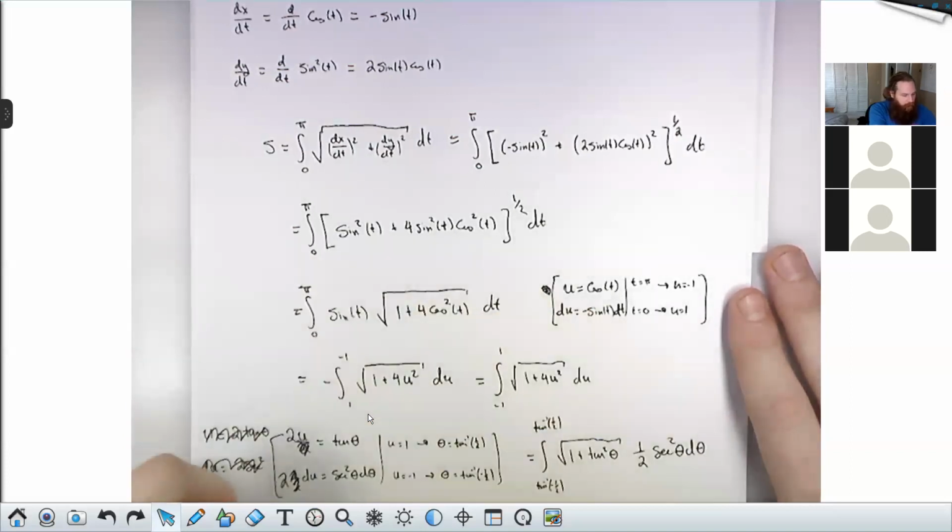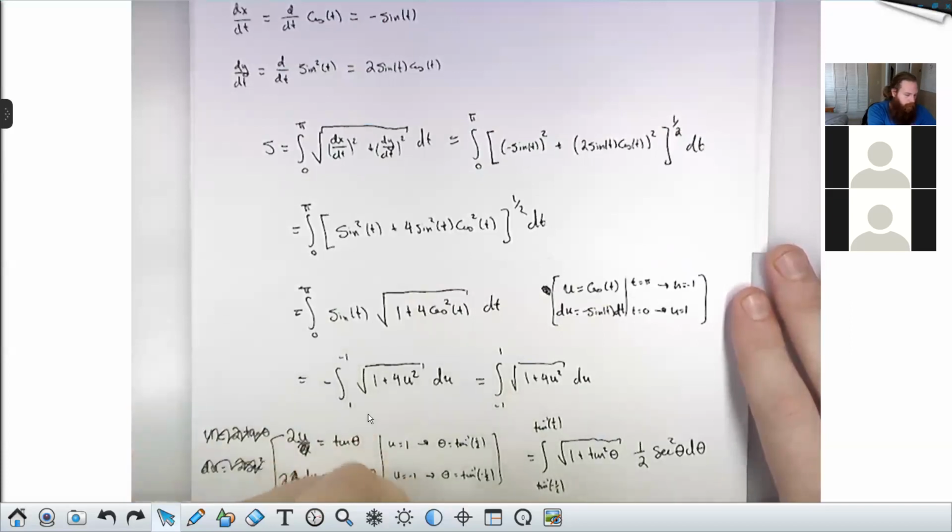And this becomes a secant cubed integral. I'm not going to finish it. Oh, it's terrible. So you get 1/2 secant cubed theta d theta. I'll write it down. Why not? We're already here.